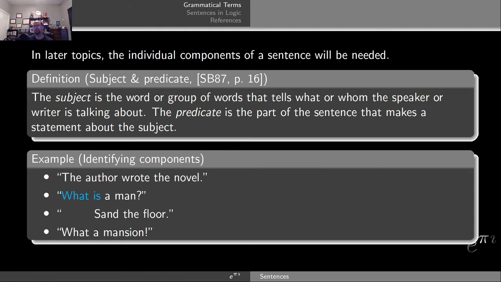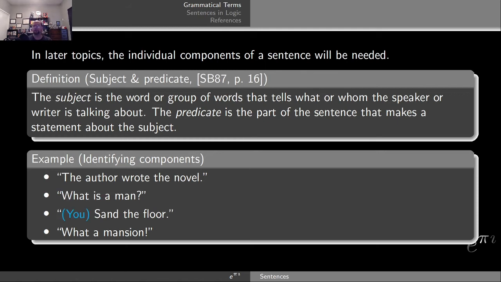Now, for the imperative statement, sand the floor, that one is a little bit more sticky because the subject is not explicitly stated. It's basically the sentence is all predicate. So what is the subject? Well, when you give an order, very often the person you're talking to is understood. You're talking to someone and giving them this instruction, or possibly a group of people.